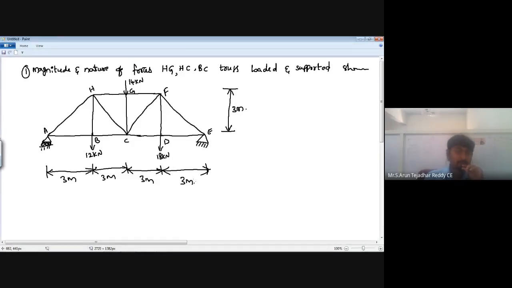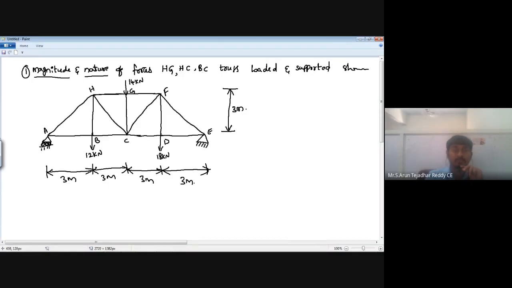This is your given truss. So in this given truss, what he is asking, that is, determine the magnitude and nature of forces in the members HG, HC, BC.